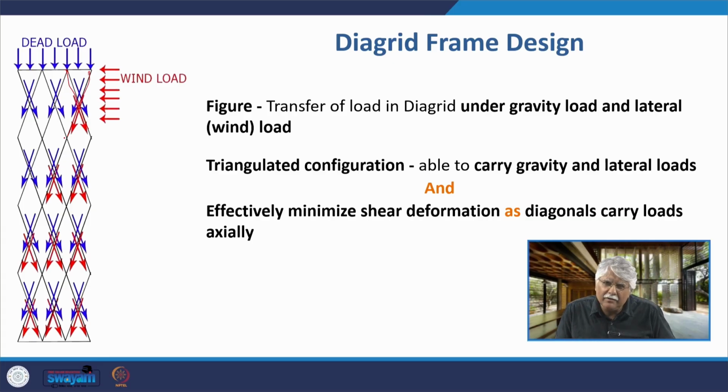The triangulated configuration is able to carry both gravity and lateral loads. This effectively minimizes shear deformation as diagonals are carrying the loads axially, and also reduces the amount of members needed to carry the load. Therefore, the material requirement, that is the steel requirement, also goes down.